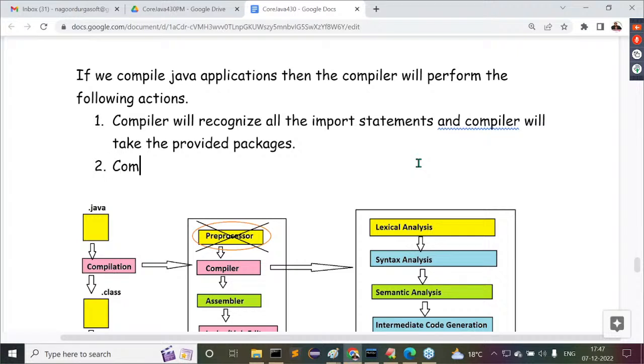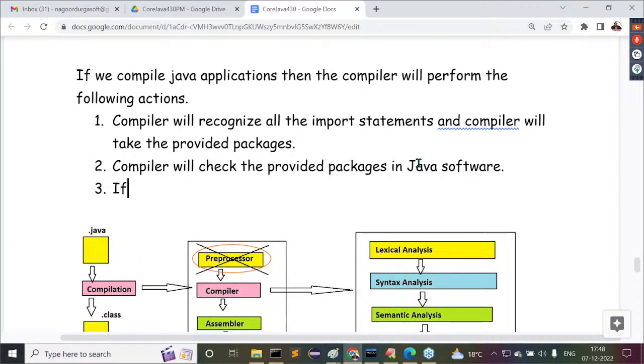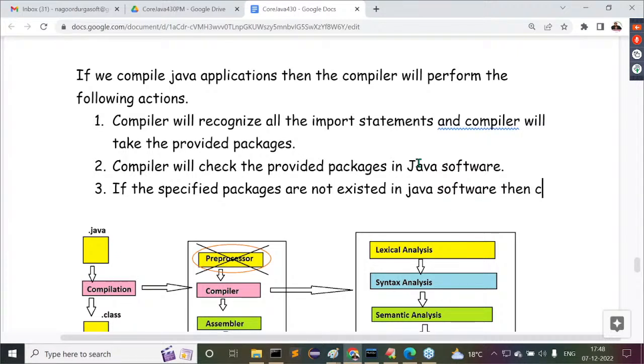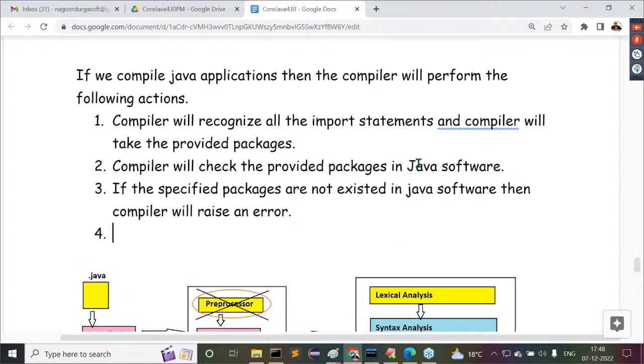What is next? The compiler will check the provided packages in what? The Java software. Right. What's the third point here? If the specified packages do not exist in the Java software, then what will the compiler do? The compiler will raise an error.